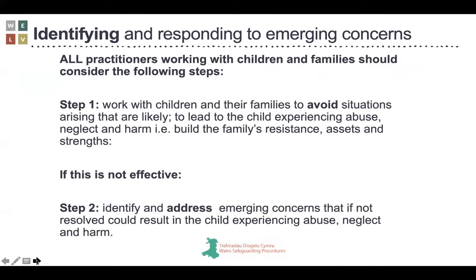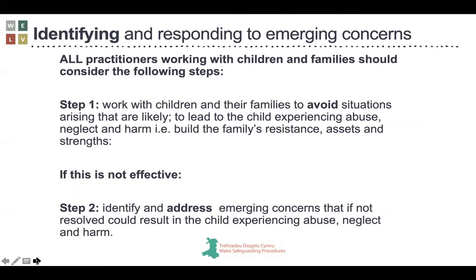In the procedures, there is reference to the importance of all practitioners working with children and families to consider the following steps. The first step being that practitioners work with children and their families to avoid situations arising that are likely to lead to the child experiencing abuse, neglect, and harm.